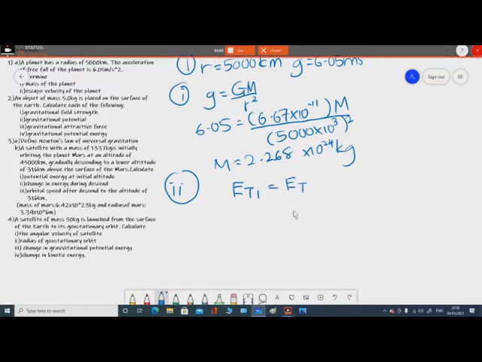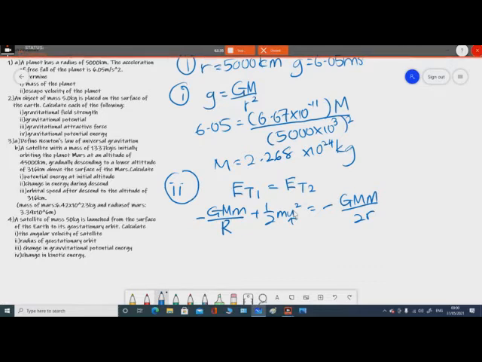So this one will be our gravitational potential energy from the surface of the planet, so r is the radius of the planet, plus half mu square. So this is our main concern, which is the escape velocity. The total energy after leaving the planet is given as -GMm over 2r.